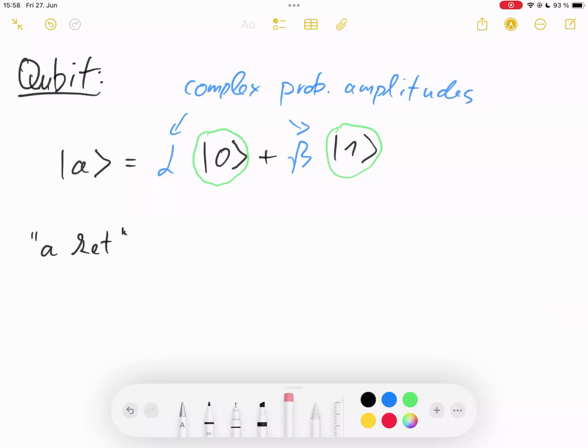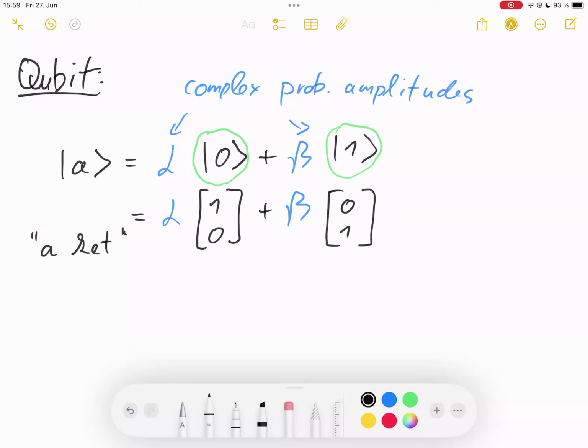Eventually, this can be represented in terms of vectors. So we have our alpha and our beta, and the 0 ket can be denoted as a column vector of 1, 0, and then the 1 ket as 0, 1.